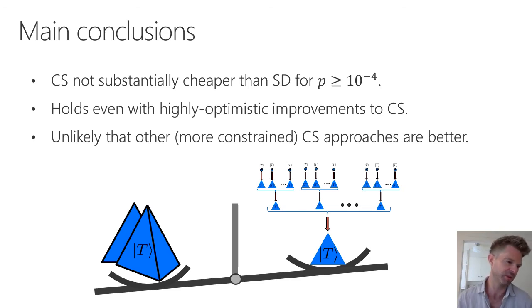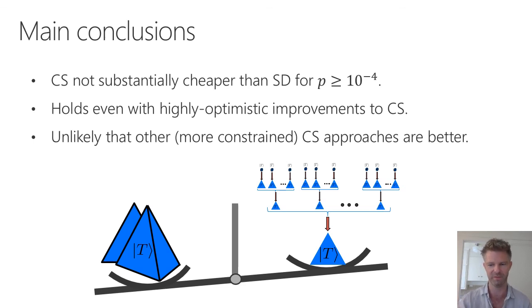This is slightly more just our opinion, but I personally don't believe that other versions of code switching are likely to improve upon this. My reason is that if you look at the other approaches to code switching, either they're very similar, at least in a topological sense, where you're replacing the color code by the surface code or something like that, or they actually require further constraints.